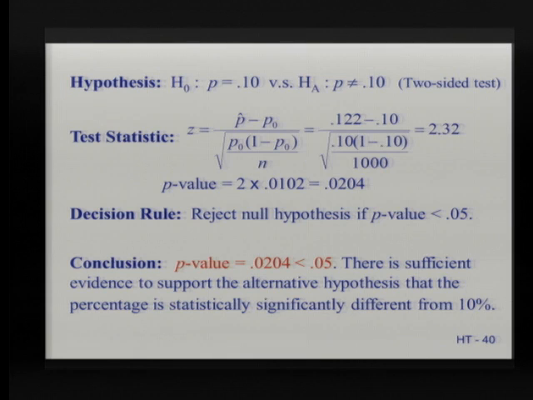There's actually a difference between statistical significance and practical significance. In a practical sense, your concern here is the proportion of people who have no insurance. This is my data, 0.122, so it's about 12%. That's what I observed.